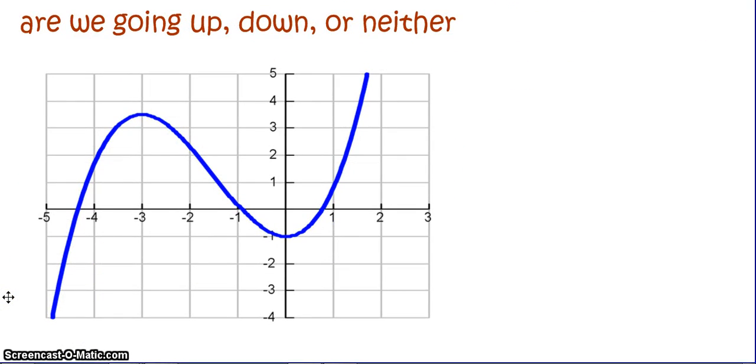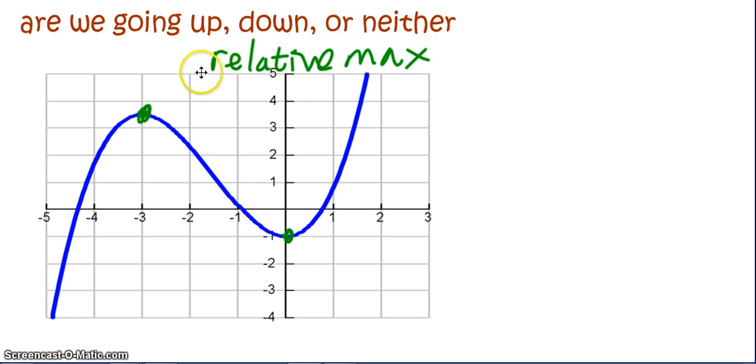So if I look at this function here, which I've just made up, I notice that I have a point here and a point here where the function changes from increasing to decreasing or decreasing to increasing. And so this point right here is what we call a relative maximum.